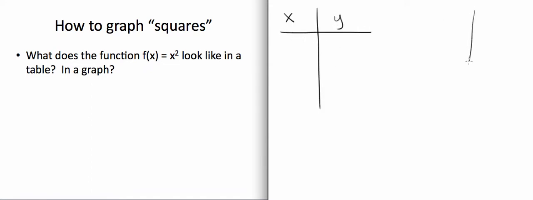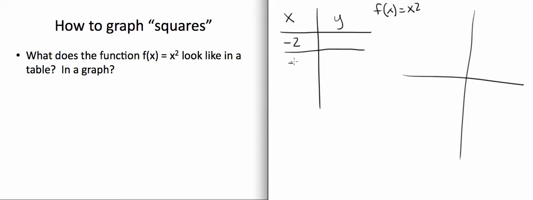So what we've got is the function f of x equals x squared. We're going to talk about what that looks like in our graph and our parabola and so forth.